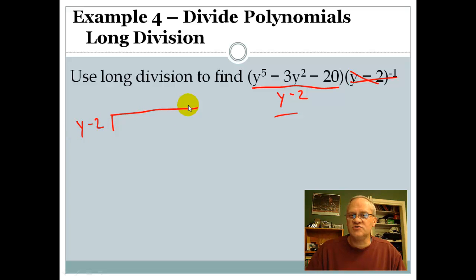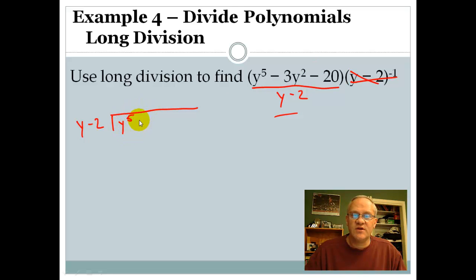And now, here's the other thing that you've got to watch out for. You notice on this one, you've got y to the 5th, y squared. Where's the y to the 4th and the y to the 3rd and the y? It's missing some things. What I would do when you set this up is fill this all in.